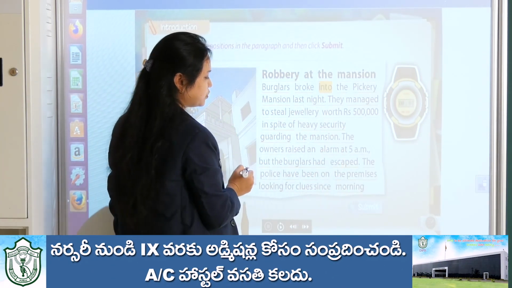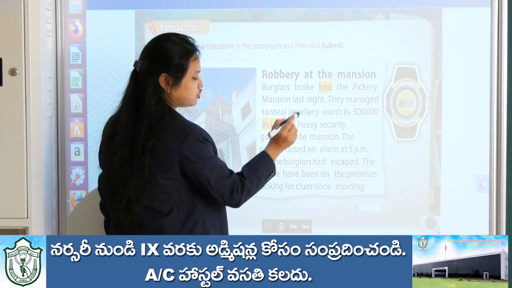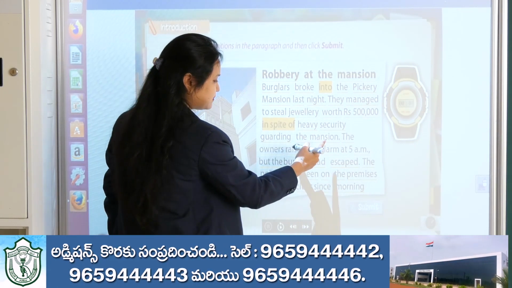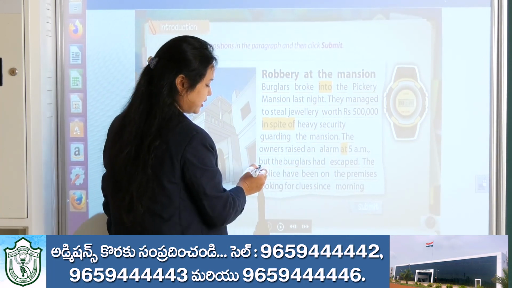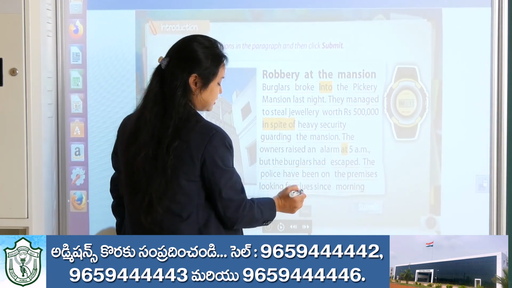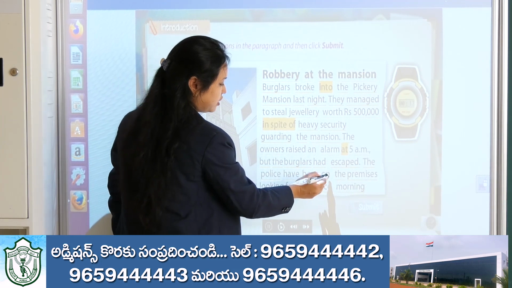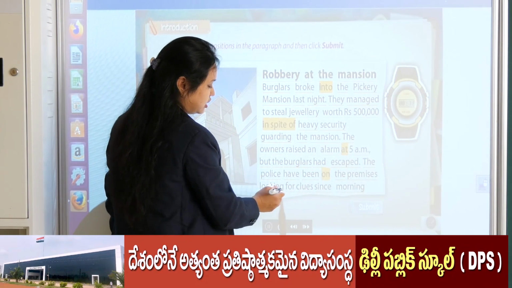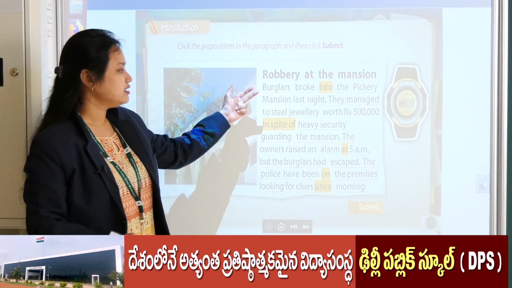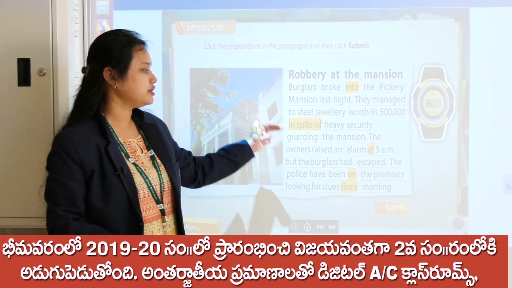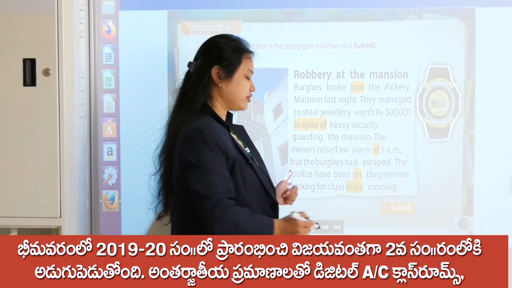Into is one preposition. In spite of, I gave in the example. At 5 a.m., since morning, on the premises. So I think these many prepositions are there in the paragraph, right?